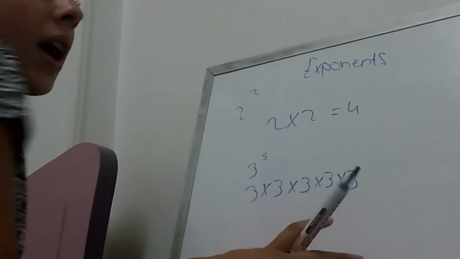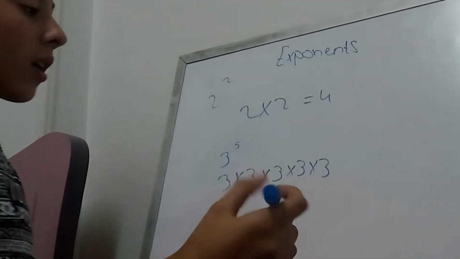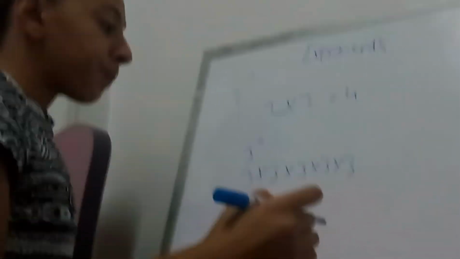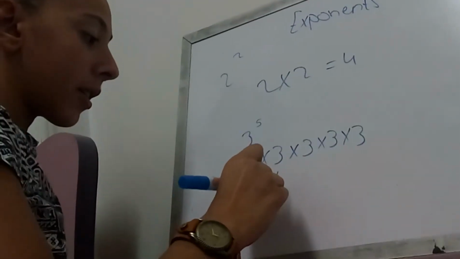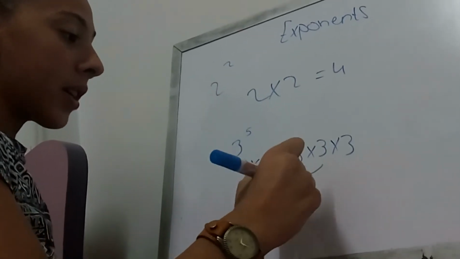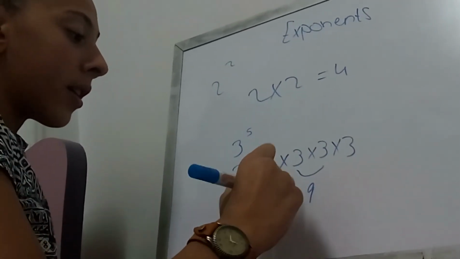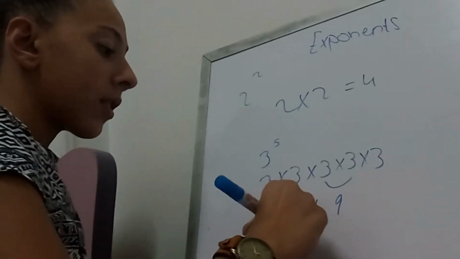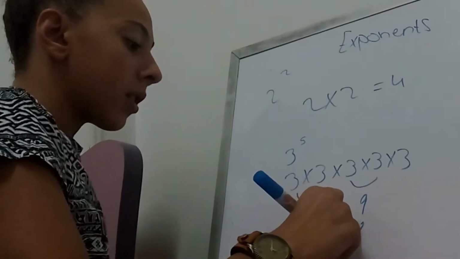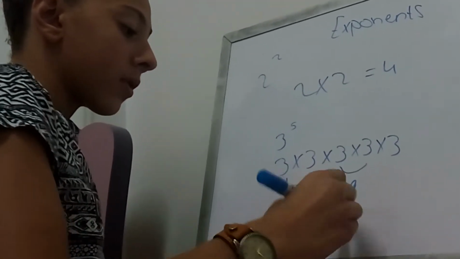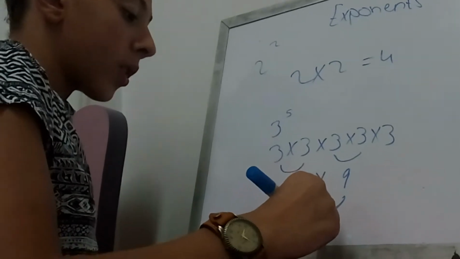Well, how do we solve them? We solve exponents like this. You do 3 times 3 is 9, and 3 times 3 is 9. Then 9 times 9 is 81.